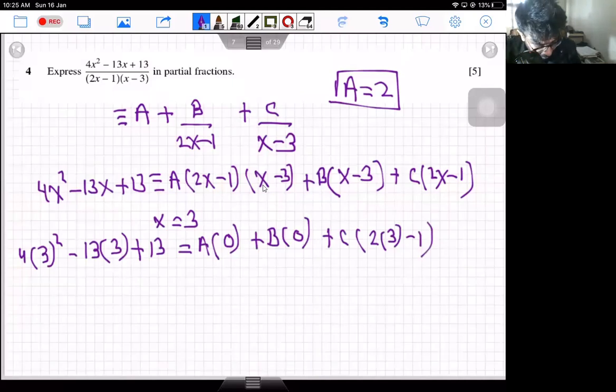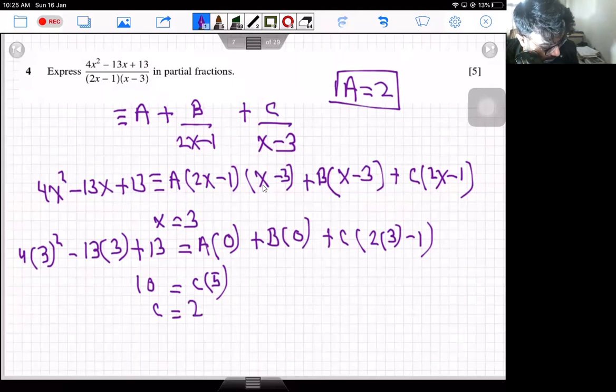So 4 times 3 square minus 13 times 3 plus 13, this is 10. And c multiplied by 6 minus 1, so this is 5c. Therefore, c is equal to 10 divided by 5. c is equal to 2. a is equal to 2 and c is also equal to 2.